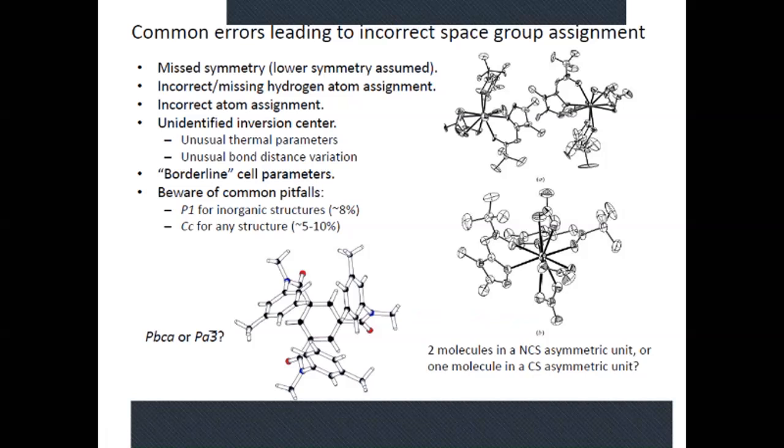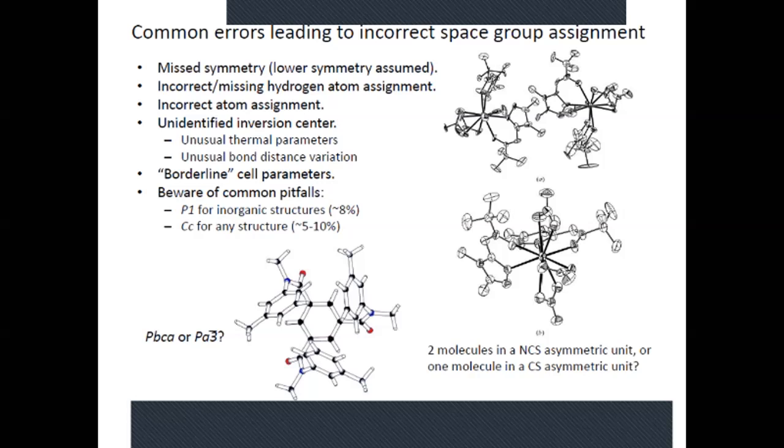You have incorrect or missing hydrogen atom assignment. Maybe you label something a hydrogen that it wasn't a hydrogen, or you forgot to label a hydrogen, and this can mess up the symmetry in the crystal, especially if you label an atom incorrectly. That can mess up the symmetry of the crystal, which could cause you to be in a lower space group than you actually should.